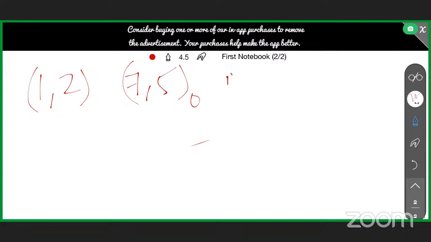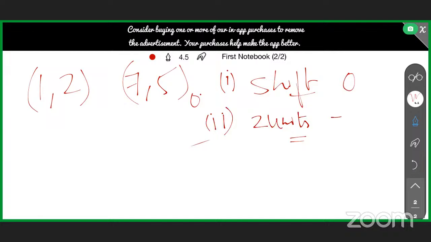First one: 7, 5 moves to a new point because of shifting of origin. Second transformation is translated 2 units along the negative direction of the x-axis.